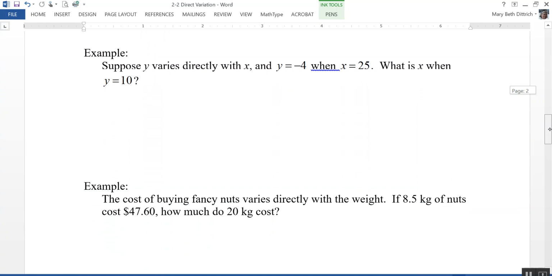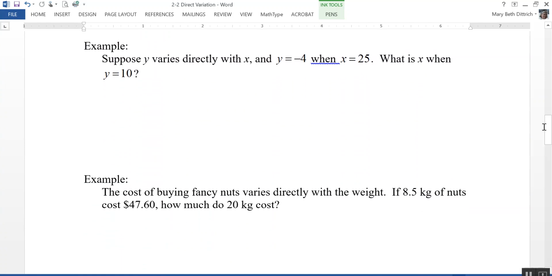Here's another example that uses direct variation. Suppose y varies directly with x, and y equals -4 when x equals 25. What is x when y is 10? So, direct variation, y over x. These numbers are kind of ganged together: y is -4 when x is 25, so -4 over 25.